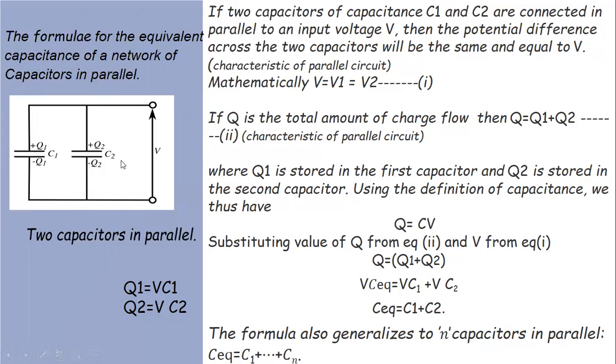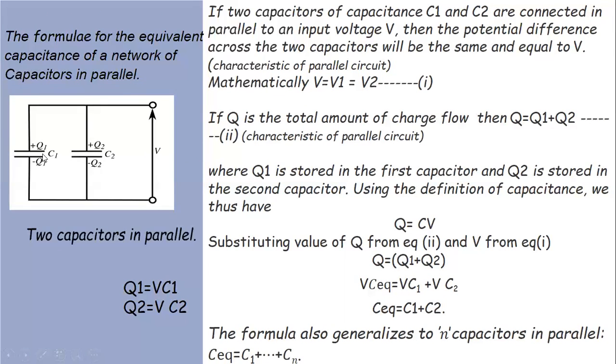If two capacitors are connected in parallel to an input voltage V, then the potential difference across the two will be the same because both are directly connected to the input voltage. This is the characteristic of the parallel circuit.